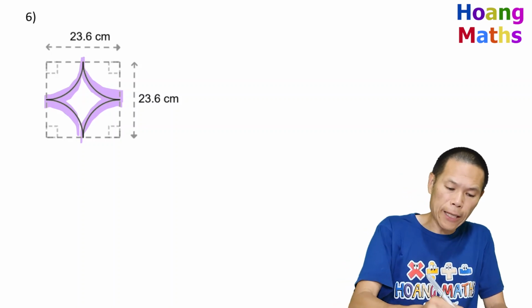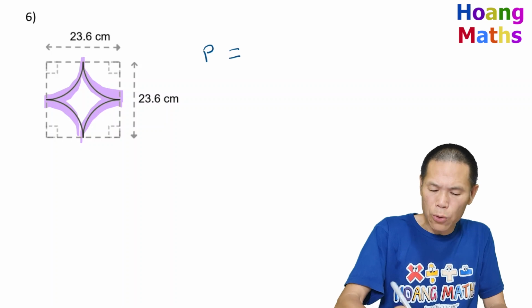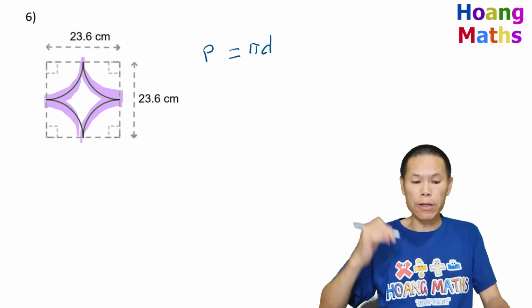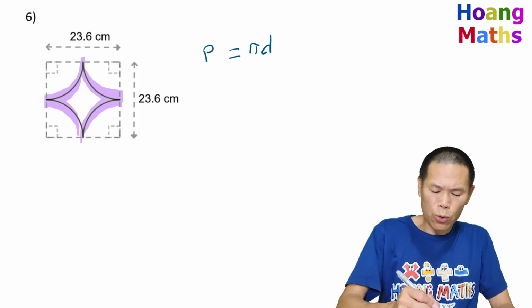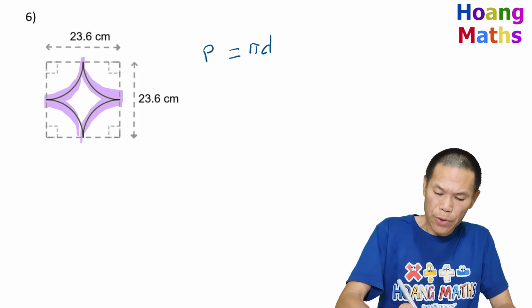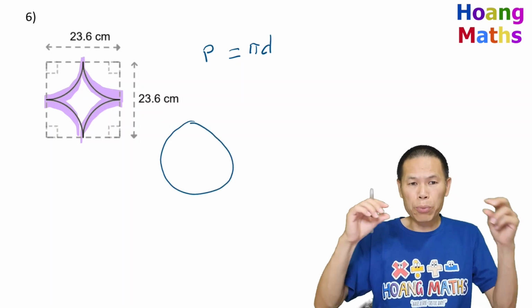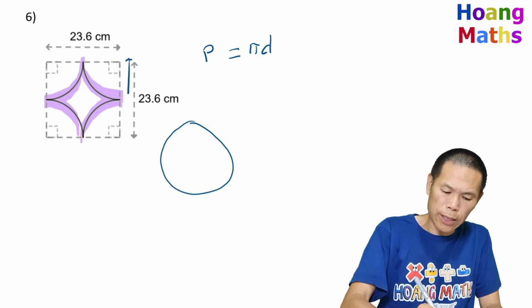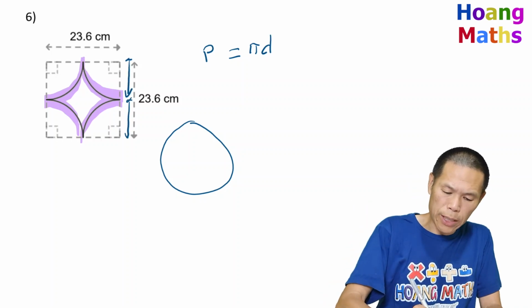So this means that we have P equal, we can use pi d or 2 pi r, doesn't really matter. Now if you think about it, we have a quarter, 1/4, and 4/4 together. We have a circle like this. If we cut them out and put them together, become a circle. And don't forget, from here to here is the radius, and all the way from here to here, another radius.